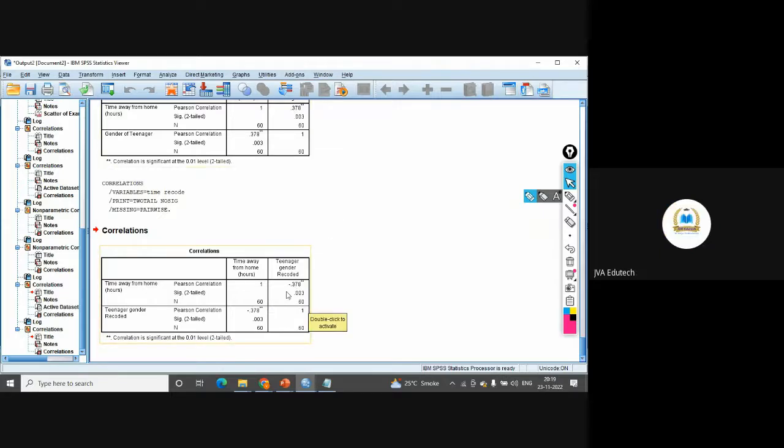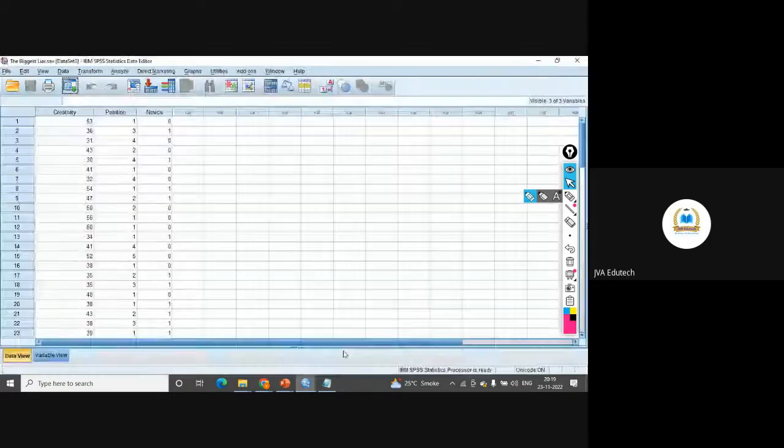The moment I have recoded, it is giving me negative correlation, saying that as the value of gender decreases, time spent out of home is increasing, because there is a negative correlation. And if the gender is decreasing, it is moving from 1 to 0. Again, here when we have recoded, 0 stands for male. So in this case also, male spends more time out of home as compared to females.